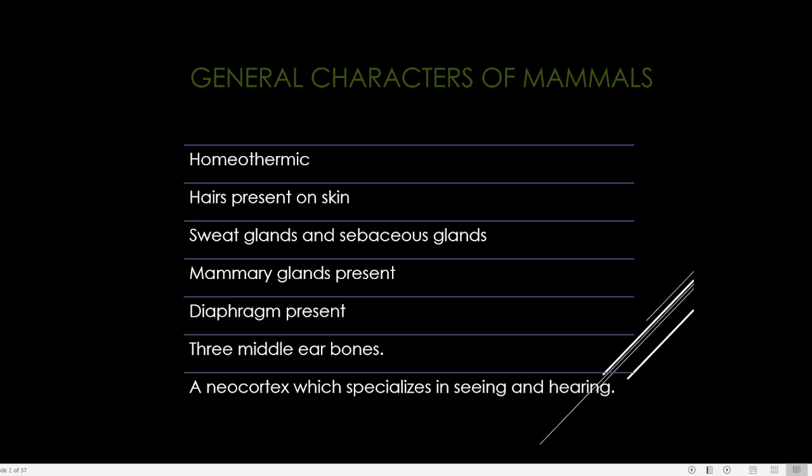So most of the mammals have a body temperature of around 37 degrees centigrade, and this ability of mammals to maintain a constant body temperature is known by the name homeothermic. So homeothermic means they have an ability to maintain a constant body temperature.